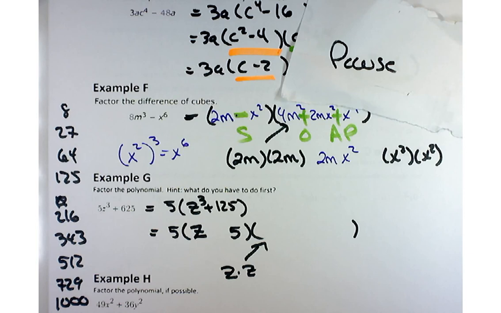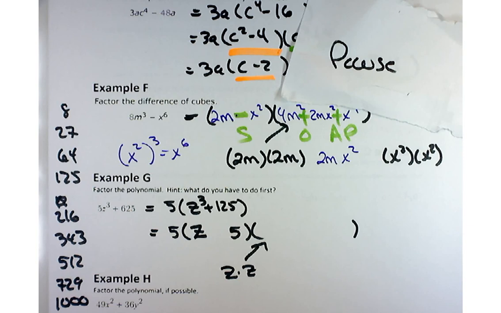And then the middle term, what do we do to get the middle term here? We took this times this. That's how you get the middle term. You multiply those two together. Okay, so the middle term is really this number, this times this, 2 times the x squared.